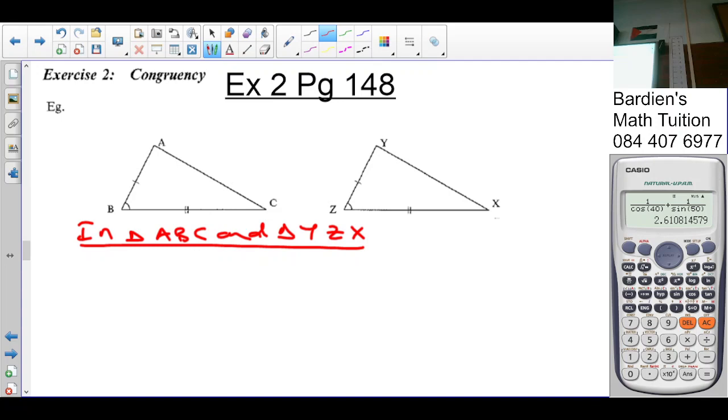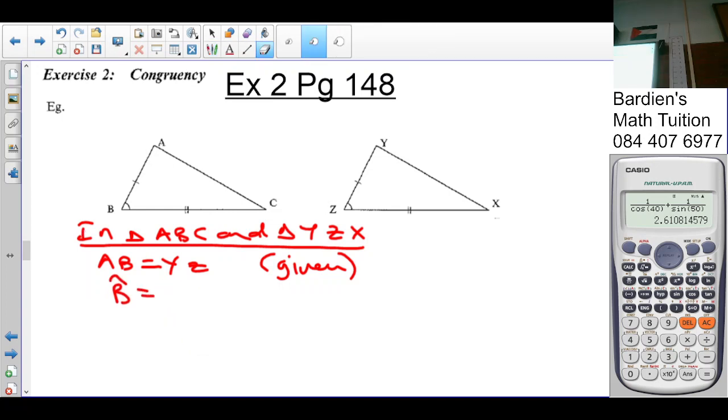As in similarity, we start with in triangle. AB is equal to YZ. Why? Given. Angle B is equal to angle Z. Why? It was also given to us.